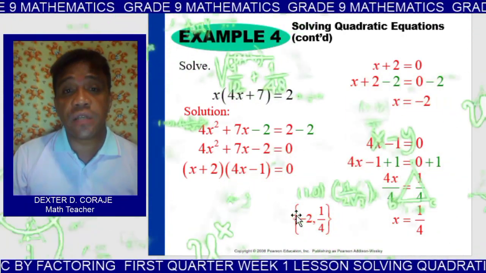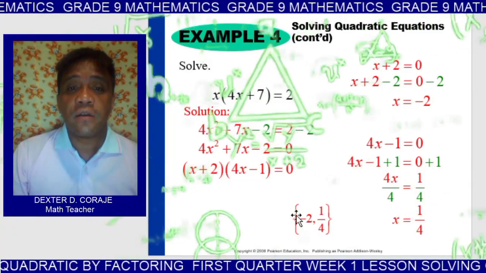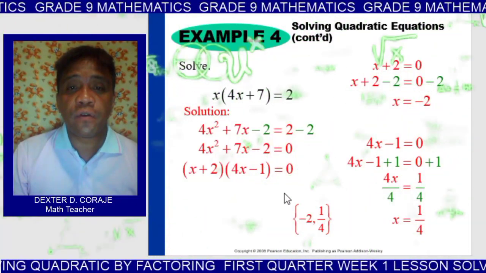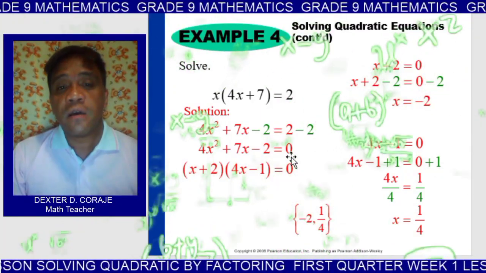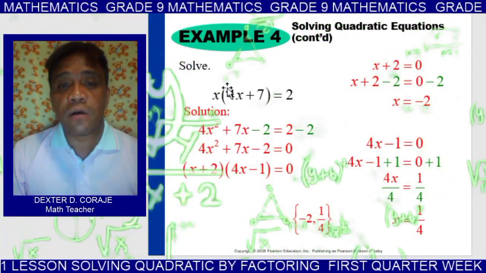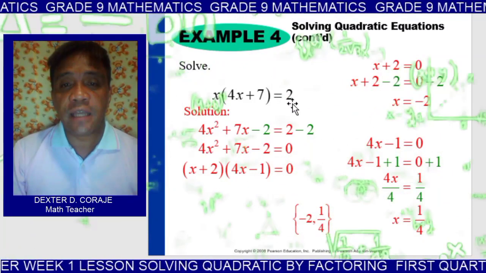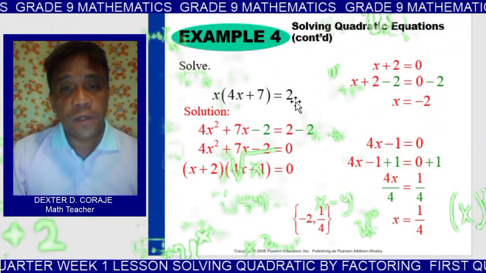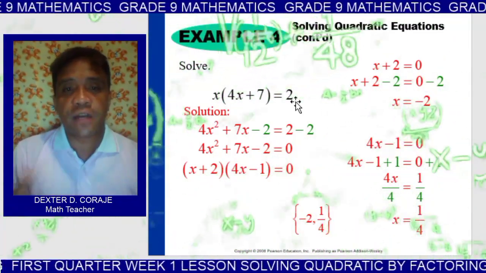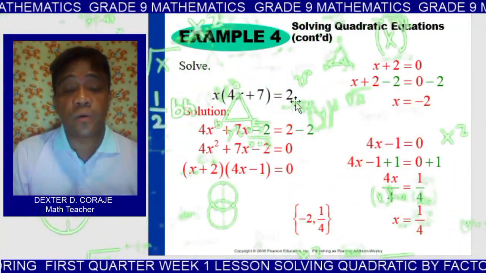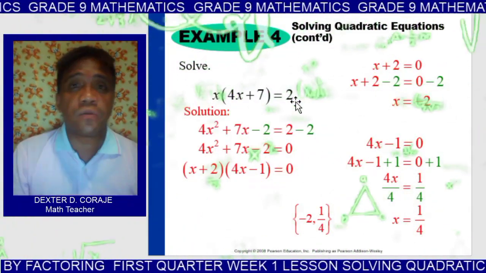Okay, the continued example, example number 4, is we have here solve x times the quantity of 4x plus 7 is equal to 2. Take note that we have now a factored form on the left side and the right side having 2. We could not go with the factor that could make it equal to 0.